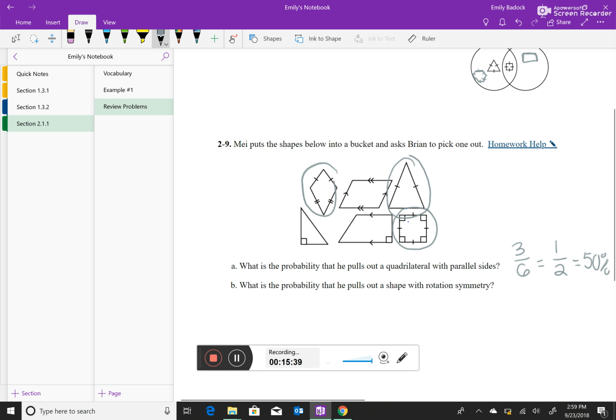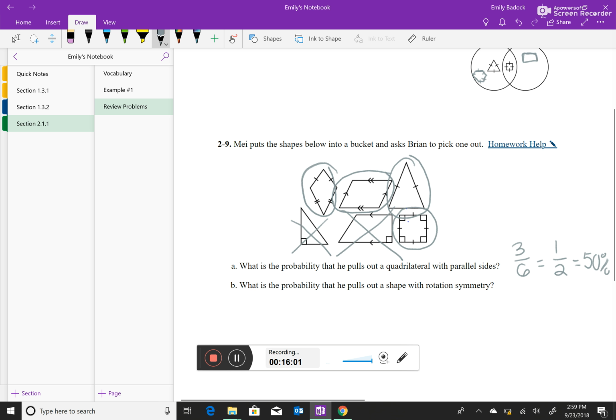We know that the kite has rotation symmetry. We know that the parallelogram has rotation symmetry. The only two objects that do not have rotation symmetry are going to be the scalene right triangle and the trapezoid, because those ones only have 360 rotational symmetry.